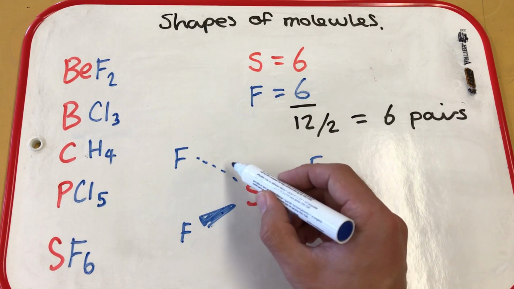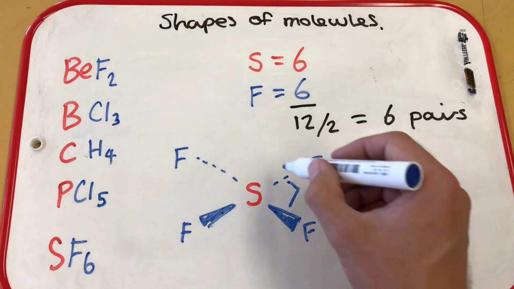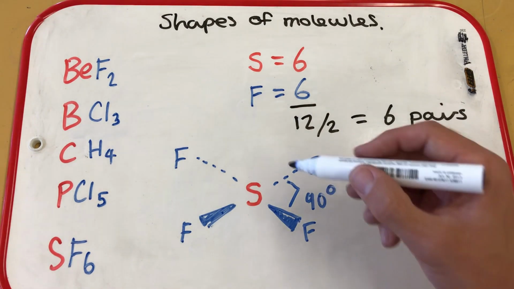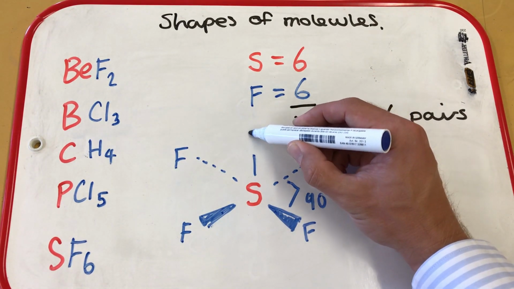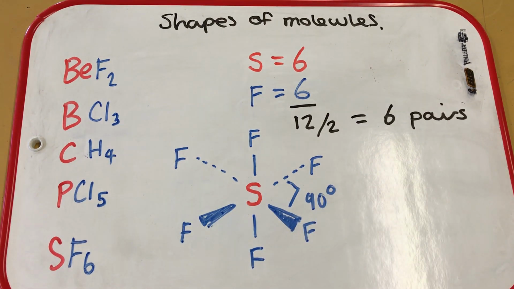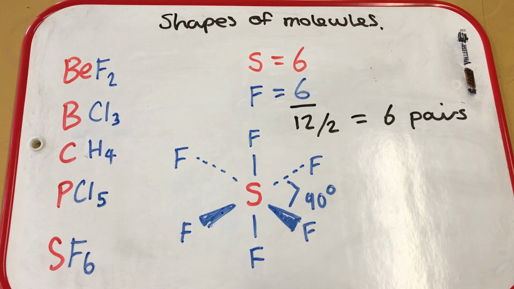So these are all 90-degree bond angles, 90 there, 90 there, 90 there, and 90 there. So in the centre, it looks as if we have a square planar molecule. But there are the other 2 fluorines to put in as well. So there's the fluorine above and the fluorine below. Again, we have 90-degree bond angles between all of these. So it's a slightly easier structure to look at. This time, we have an octahedral structure.